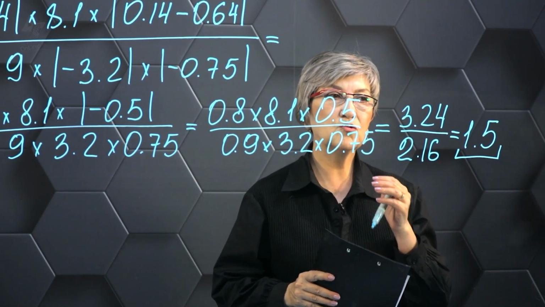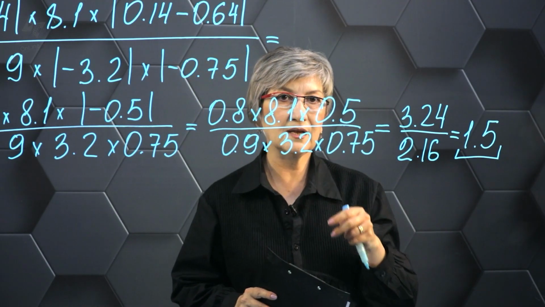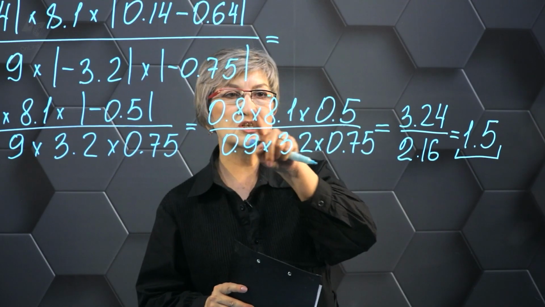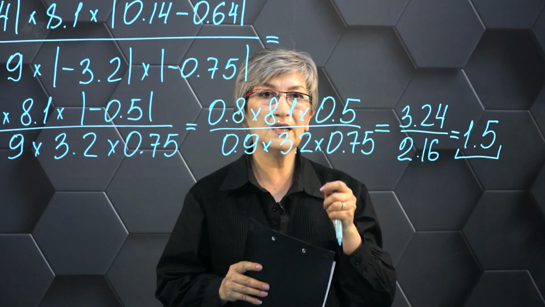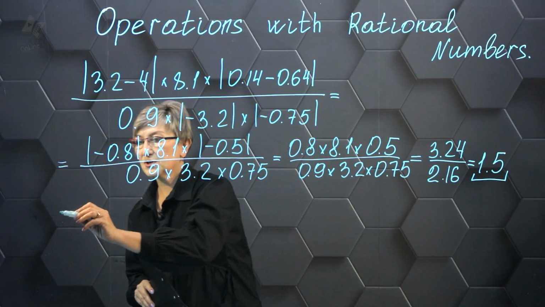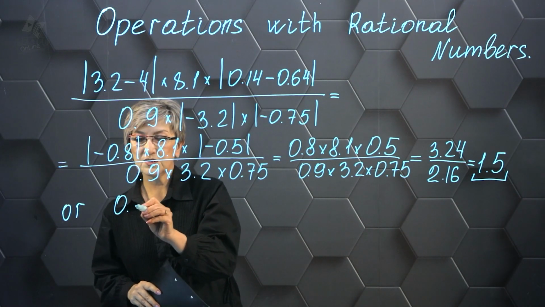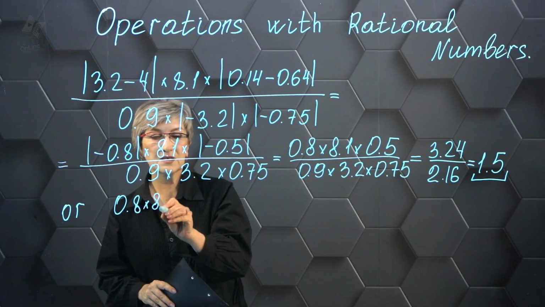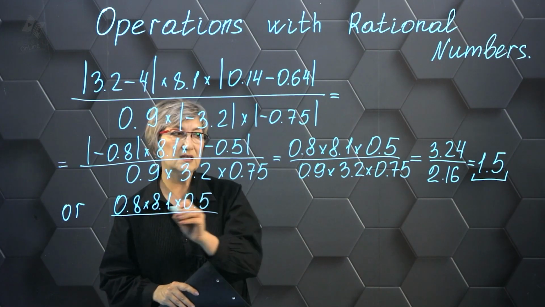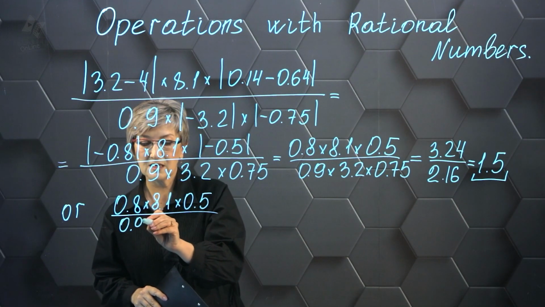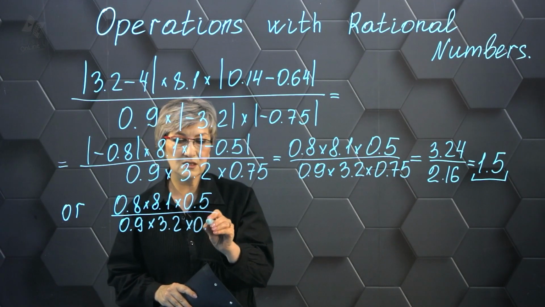I want to show you another way of calculating the value of this expression. Not by multiplying decimal numbers, but by working with natural numbers. Let's write down 0.8 times 8.1 times 0.5, divide by 0.9, multiply by 3.2, and multiply by 0.75.